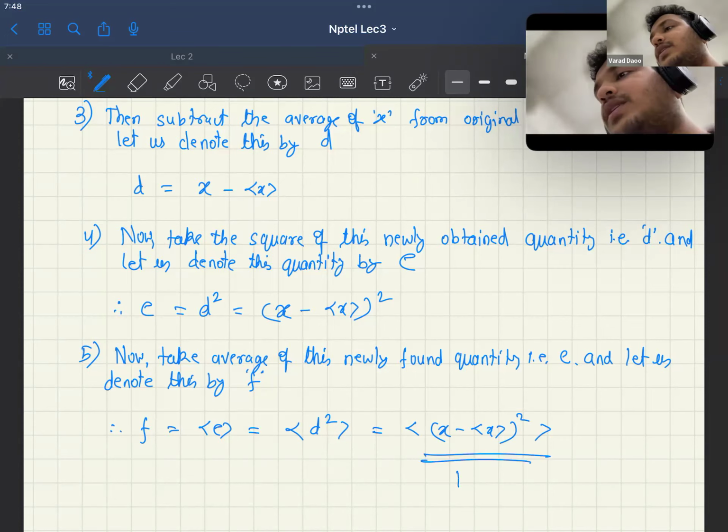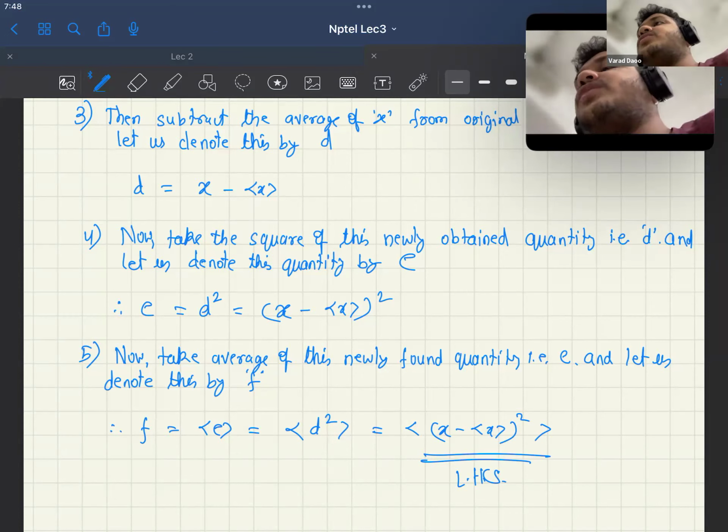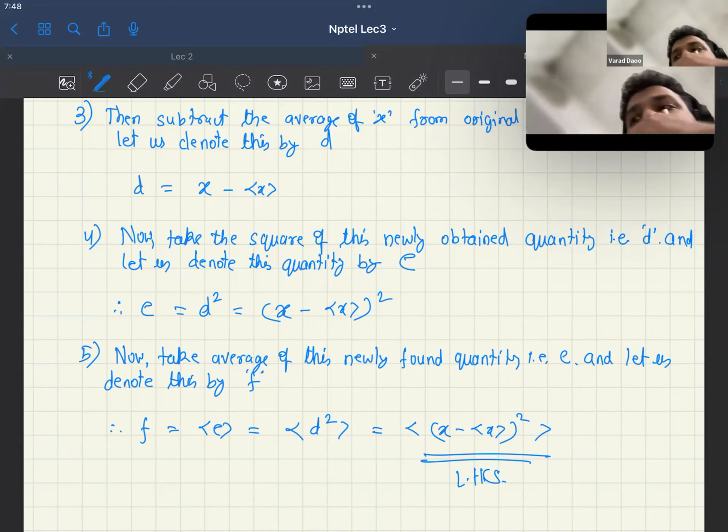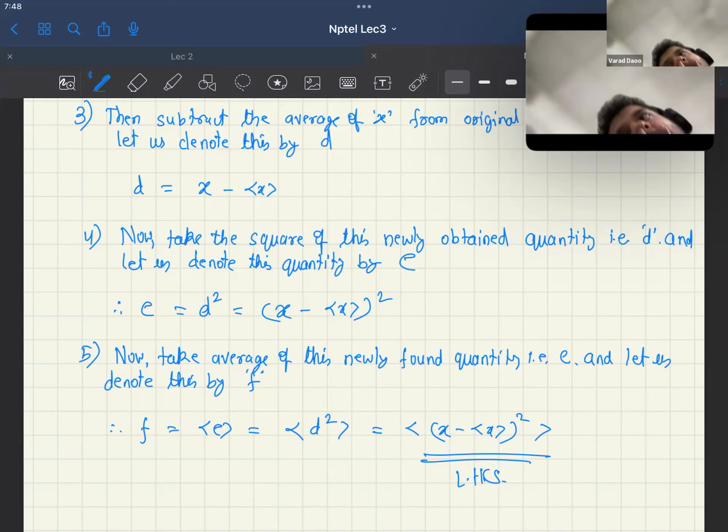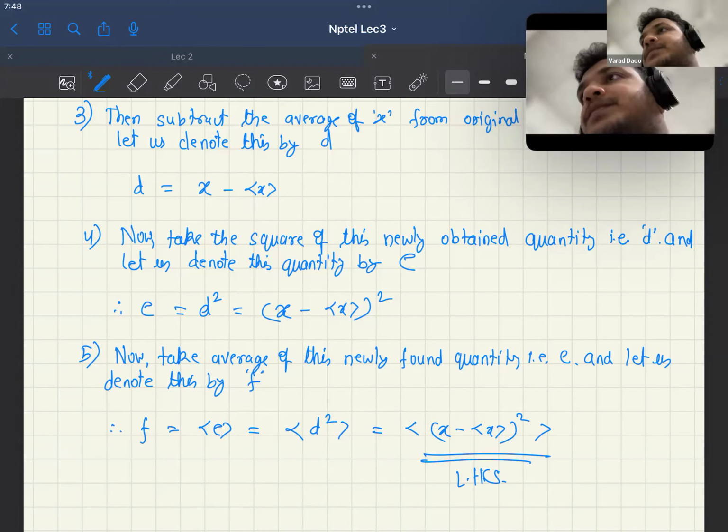And this is what our LHS is. Right? So I hope this is very clear to everyone.